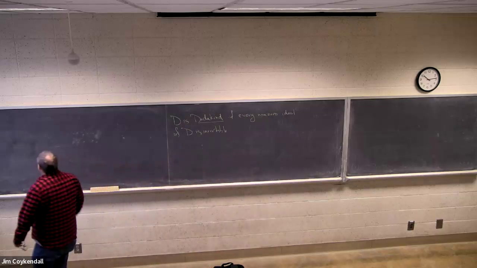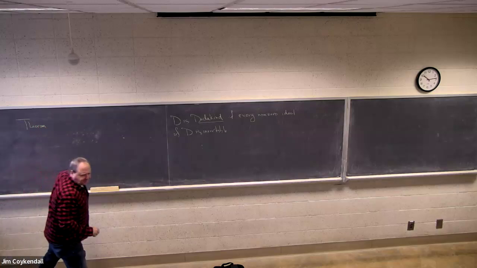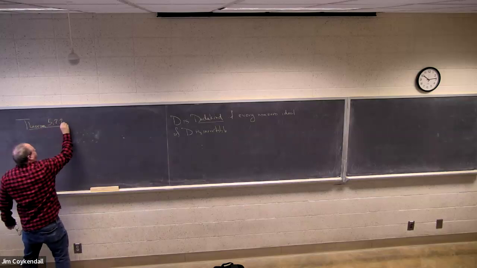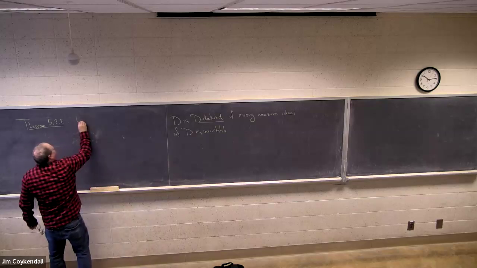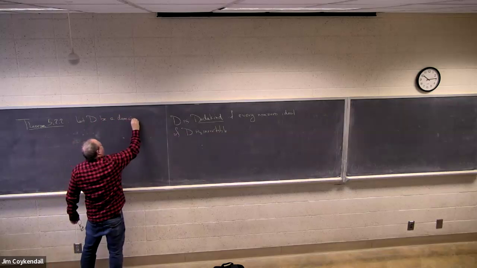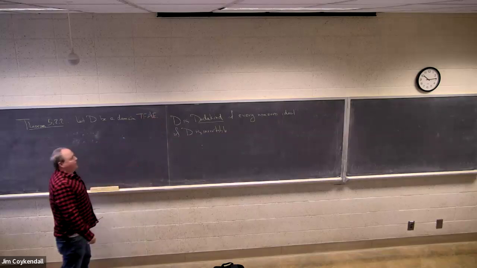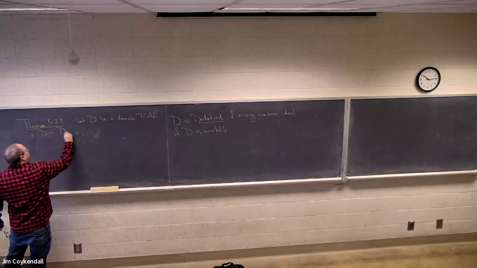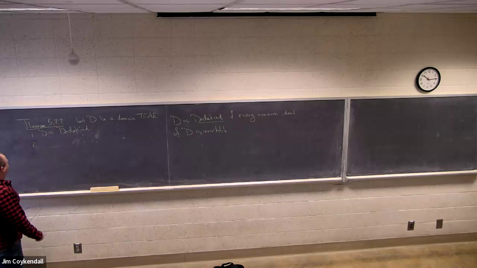Here's the last theorem, which I stated only last time. Theorem 5.2. Let D be a domain. The following are equivalent. One, D is Dedekind, or every non-zero ideal is invertible.